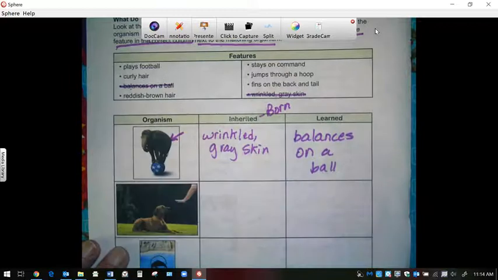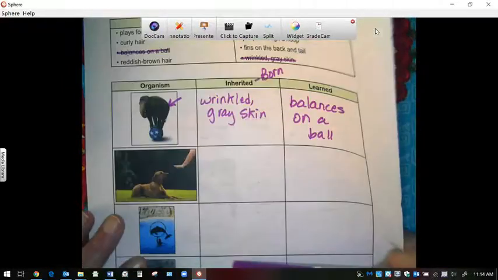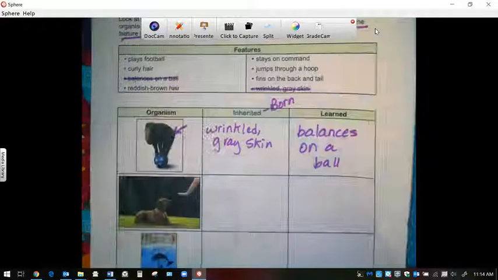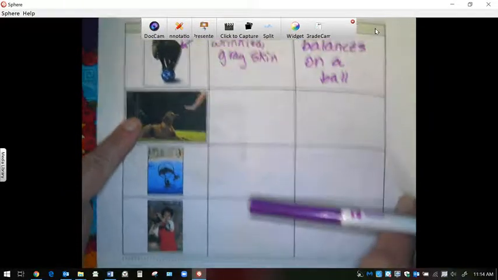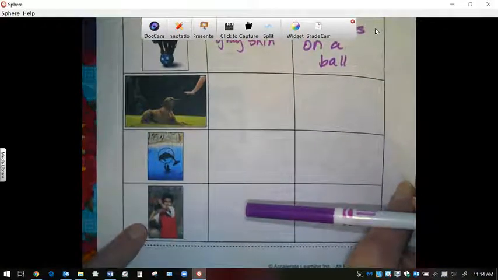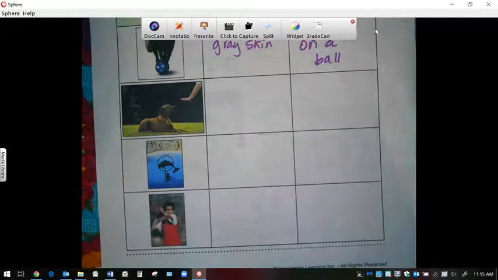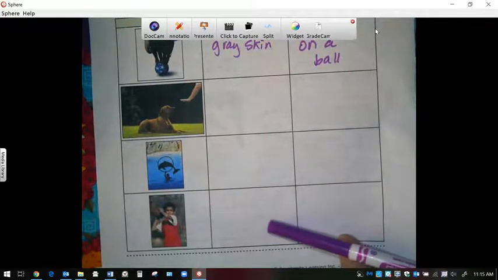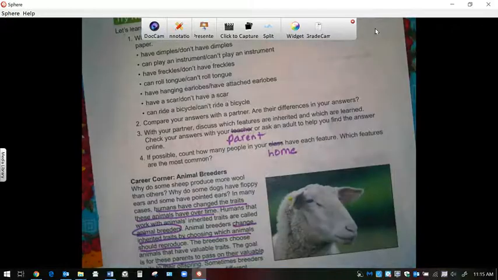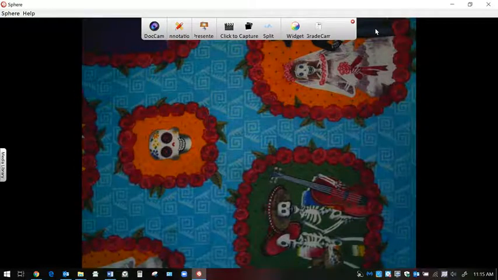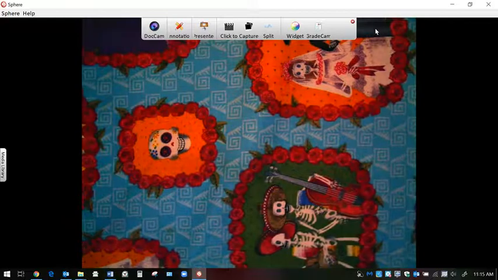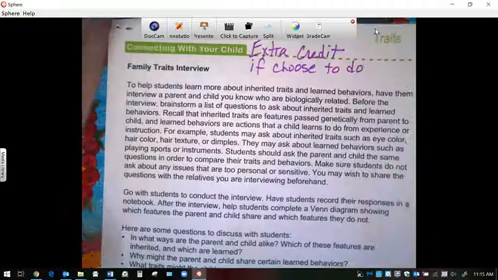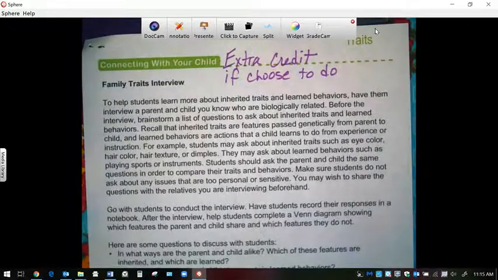All right, you're going to finish doing the organizer using the features inside the box. And this is the one of the dog, the dolphin, and the little boy. When you are done, you can turn that in for your weekly assignment. If you want to do something extra at home, you can work on this page, which is on the back, and it's just extra credit if you choose to do it.